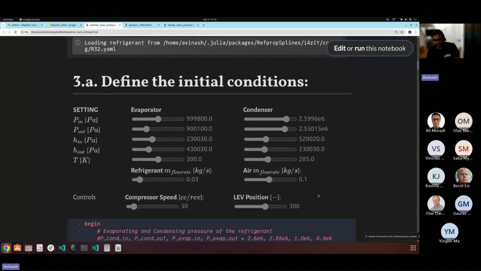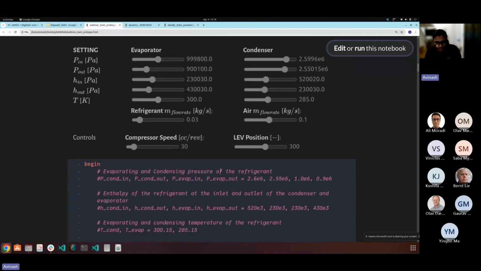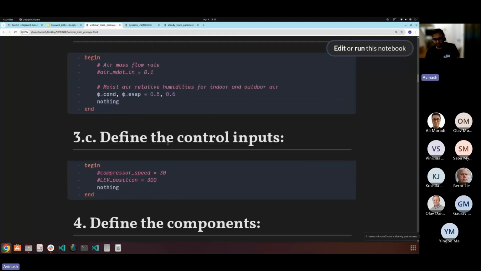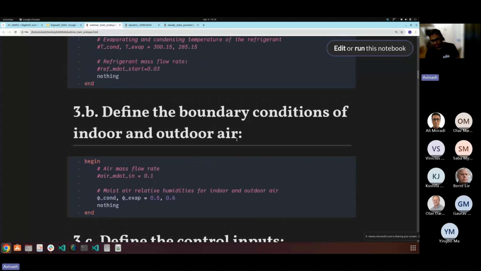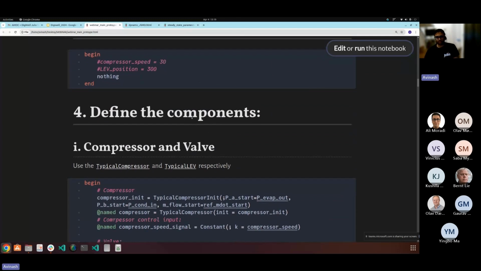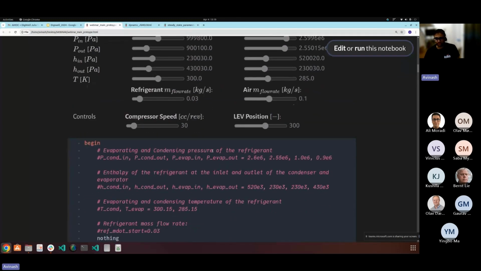The evaporator pressures, in this case we're assuming we set enthalpy. We can set charge and so on, compressor settings and so on, and then certain boundary conditions like the relative humidity and so on, and control inputs as well, which are set over here.